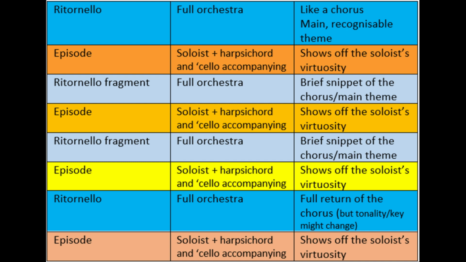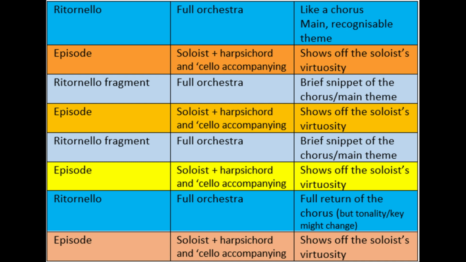So what you really need to remember are those terms, that you have a ritornello, which is like a chorus, and that is when everybody plays. And then that alternates with solo passages, which are called episodes. So the ritornellos and the episodes.